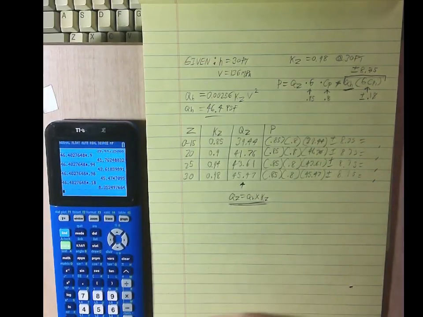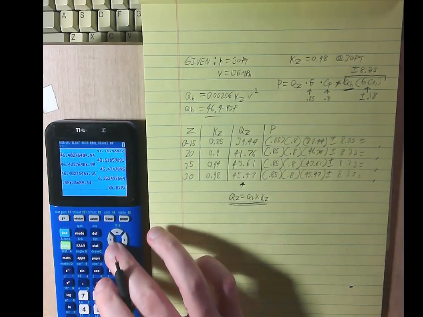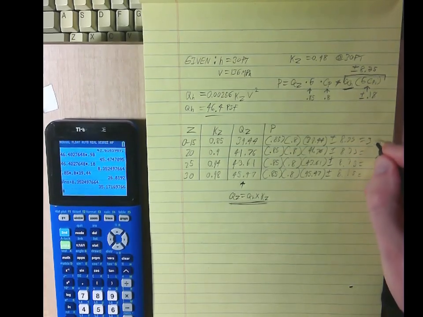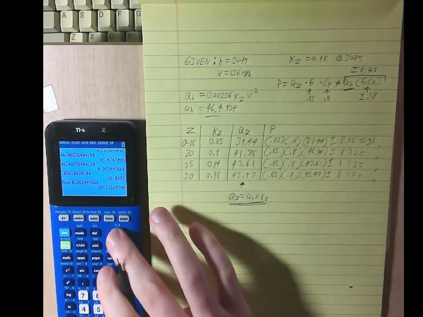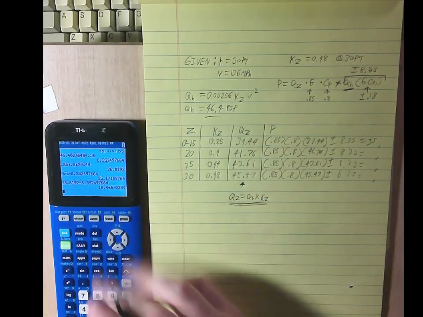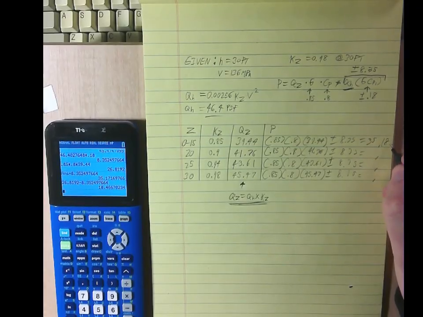We have two answers here. So 0.85 times 0.8 times 39.44. We're going to add to this, getting 35, and then we're going to subtract. We're going to get 18.4.